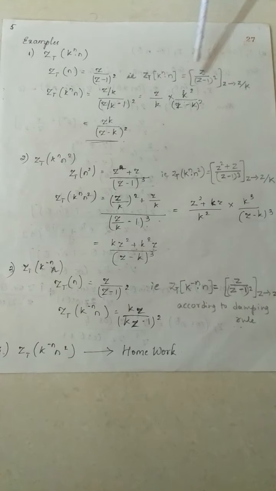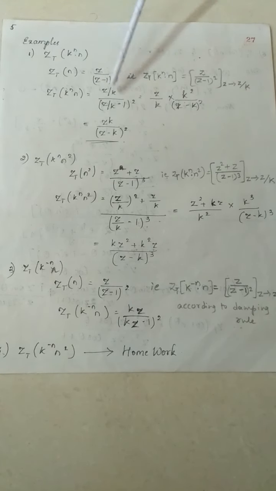So that is z transform of k to the power n into n. This is equal to, first find z transform of n. Z transform of n is z upon z minus 1 whole the square. In this result, we are replacing z by k. Why? Because in place of a, we have k here. So z transform of k to the power n into n is equal to, replace z by k. And here also in the denominator, replace z by k, minus 1 as it is, whole the square.